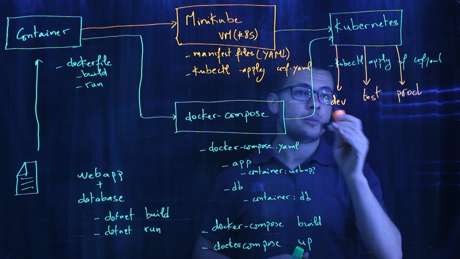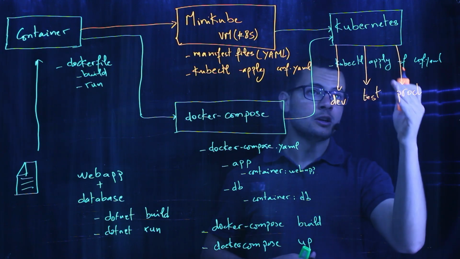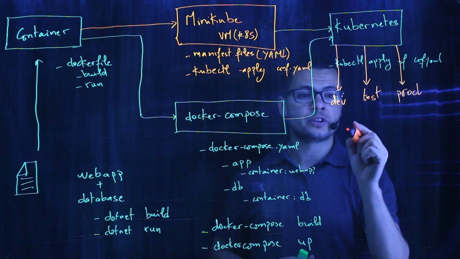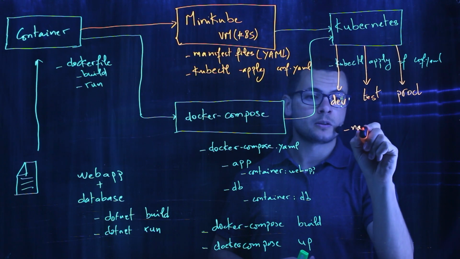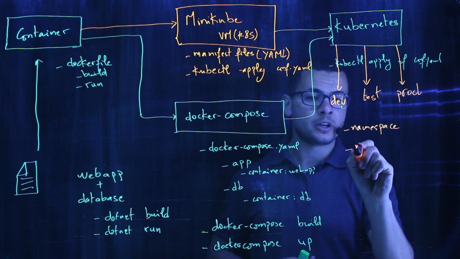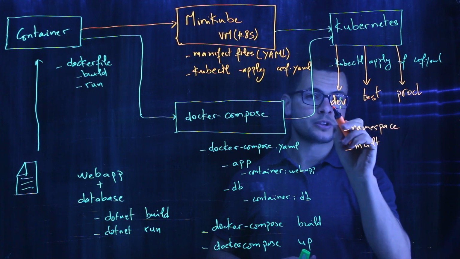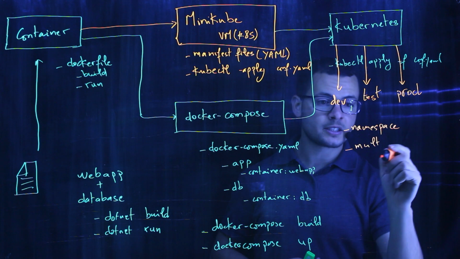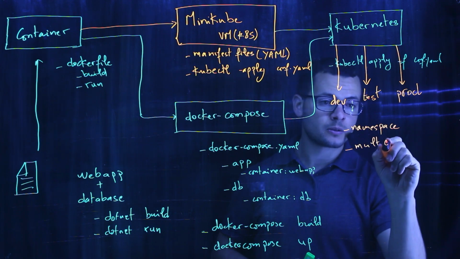So we can make a logical separation by using different namespaces, or we can have multiple clusters. This means a cluster for dev, another one for test, and another one for production.